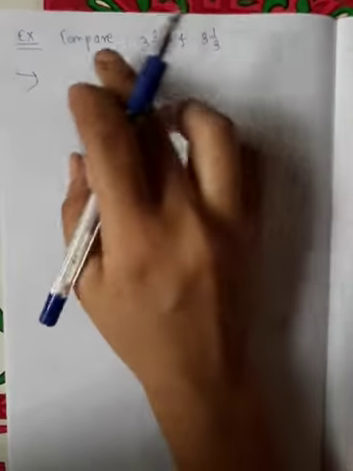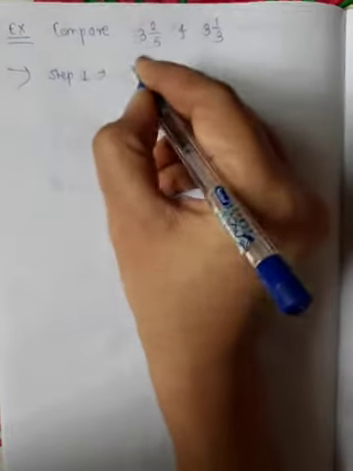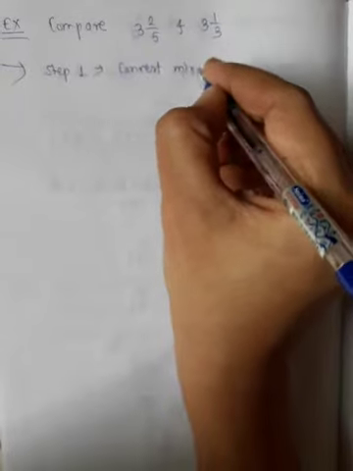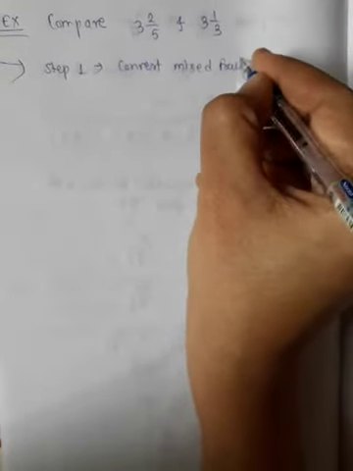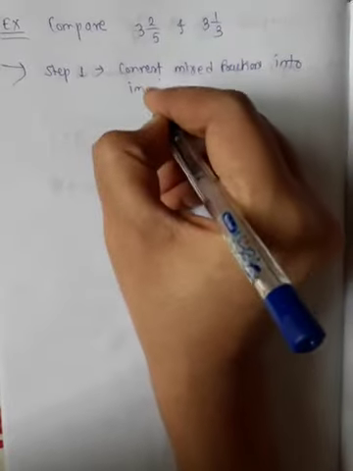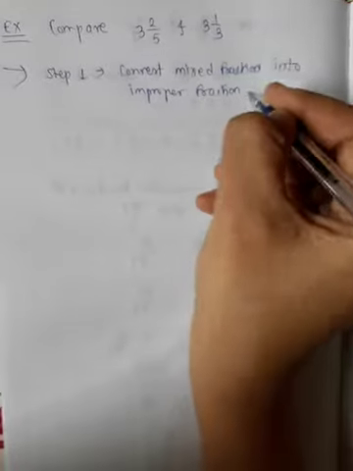Here also, when we compare two mixed fractions, step 1 is to convert mixed fractions into improper fractions, and we know how to convert a mixed fraction into an improper fraction.